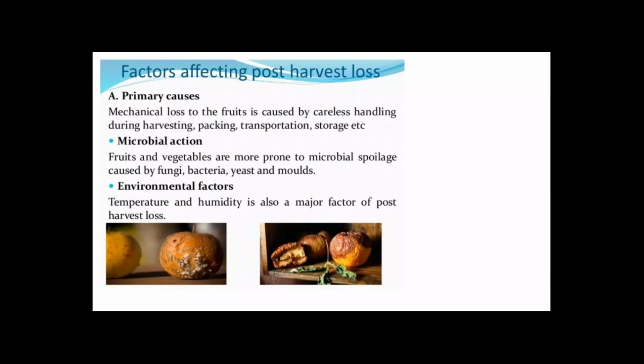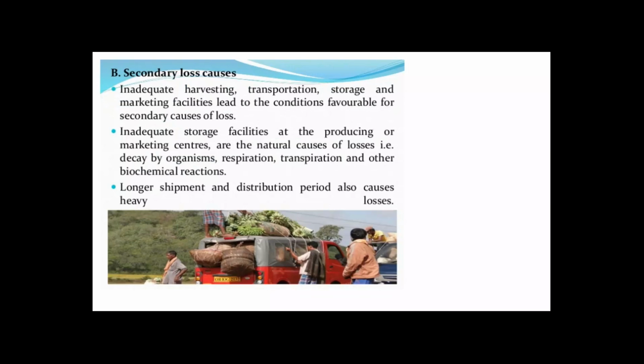So factors affecting post-harvest loss. Primary causes. Mechanical loss of fruits is caused by careless handling during harvesting, packaging and transporting. Then microbial action. Fruit and vegetables are more prone to microbial spoilage caused by fungi. Then you have environmental factors, temperature, humidity, and so on, also cause post-harvest loss.